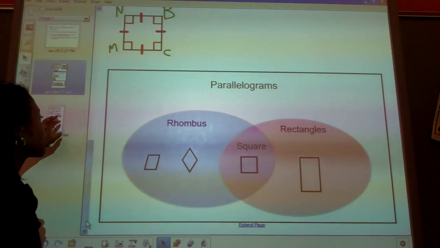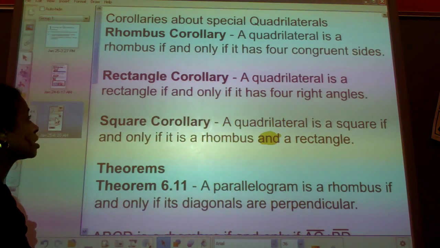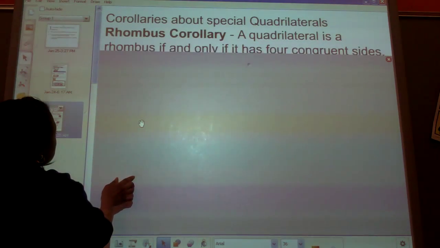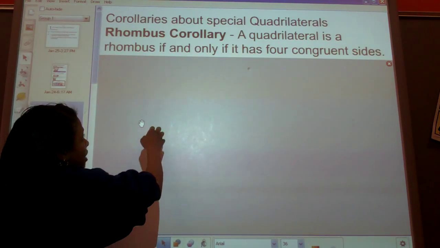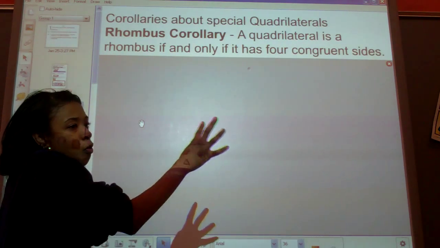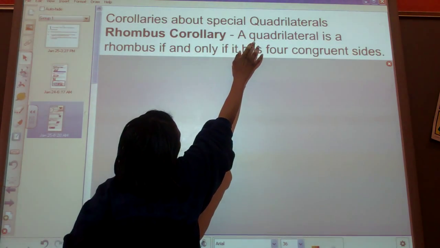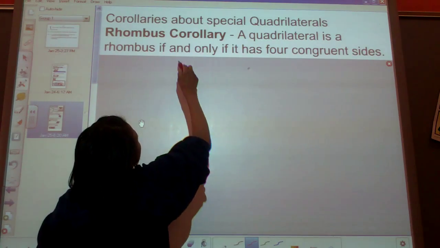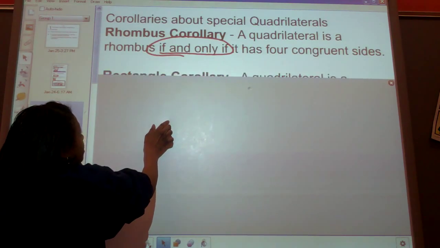Moving forward, some corollaries. That word is just one that you say it 10 times fast. It can be a tongue twister. So let's look here. Some corollaries. The rhombus: a four-sided polygon, or quadrilateral, is a rhombus if and only if it has four congruent sides.